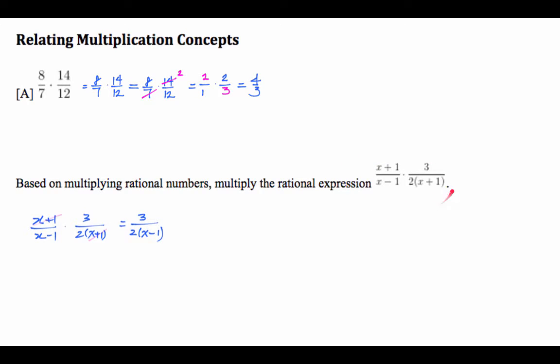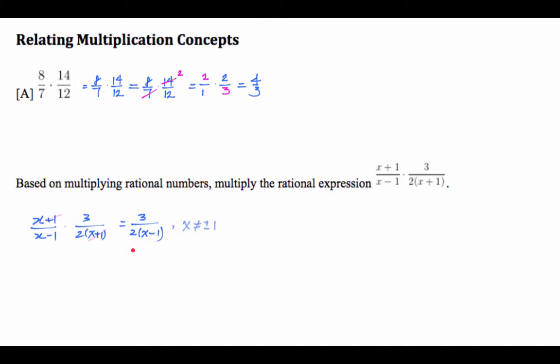So what we're basically arguing is that this expression right here that we just attained, and this one over here, the original question, are equivalent statements, except that this one contains x plus 1, therefore you cannot have what? X as negative 1, right? If you did, it would create 0 in the denominator, so the whole expression would be undefined. Well, if you look over here, you can't tell just by looking at it.